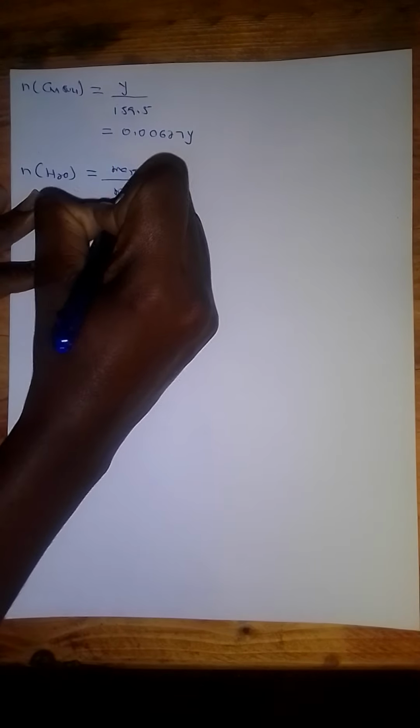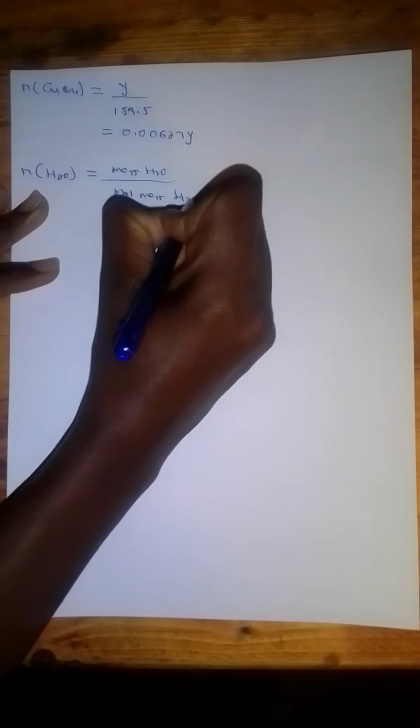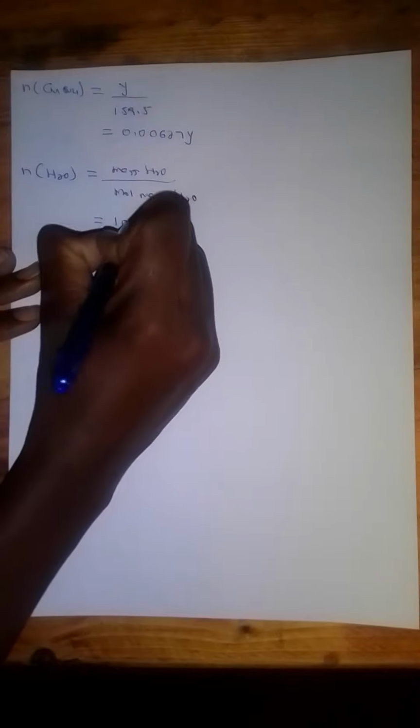Now we come to the water. So the number of moles of H2O is equal to the mass of H2O all over the molar mass of H2O. The mass of H2O, we know from our basis, is 100 kilograms.